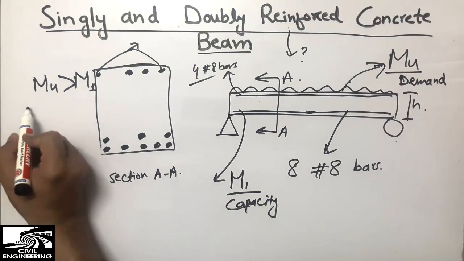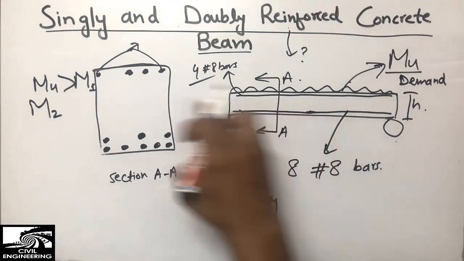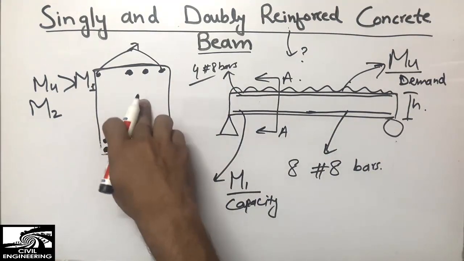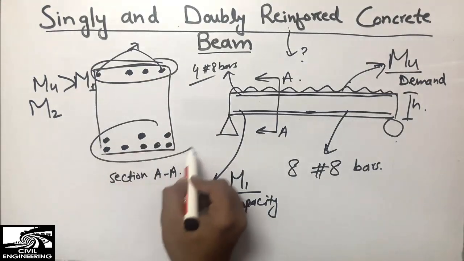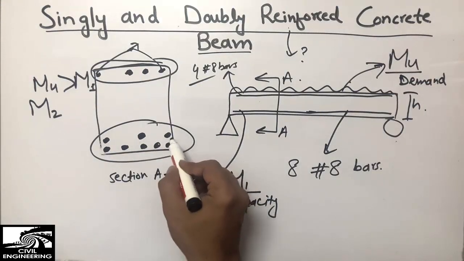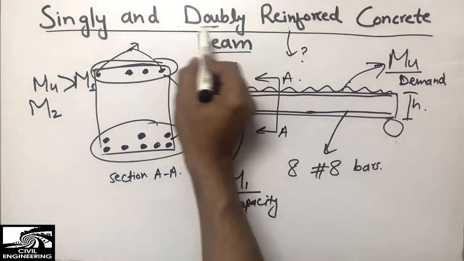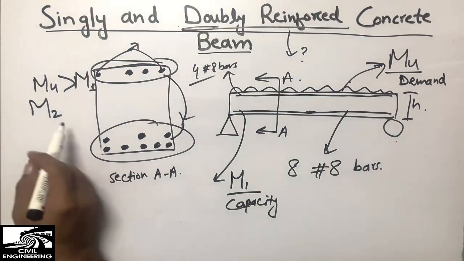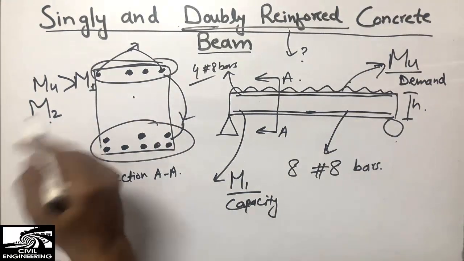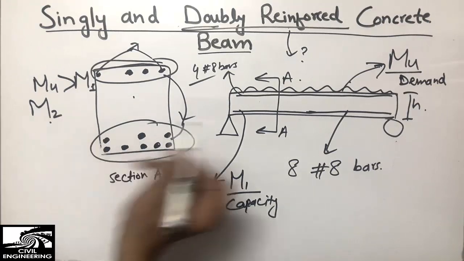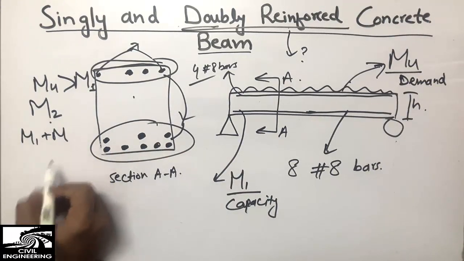So now, M2, let's suppose I'm giving an example that M2 is the capacity of this doubly reinforced beam. Now it is called doubly reinforced because the reinforcement is provided at the top as well as at the bottom. So when the reinforcement is provided in the bottom as well as in the top, we call it the doubly reinforced beam, right? For example, the capacity of this doubly reinforced beam is M2. So now we can say that the capacity of this beam will be equal to M1 plus M2, right?